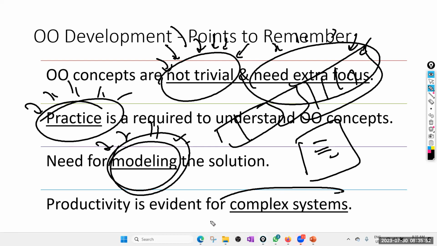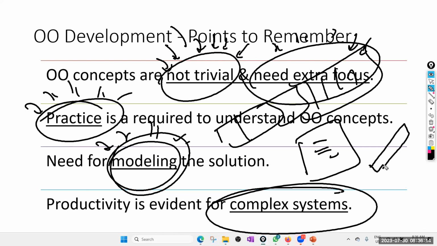And the productivity of object-oriented systems is evident when you are developing complex systems. So therefore, when you are learning, you will find it a little bit boring, because we do simple things in a complex manner. It's something like when you want to just build a small wall, right? You don't take a concrete mixture, because it's just a small thing.